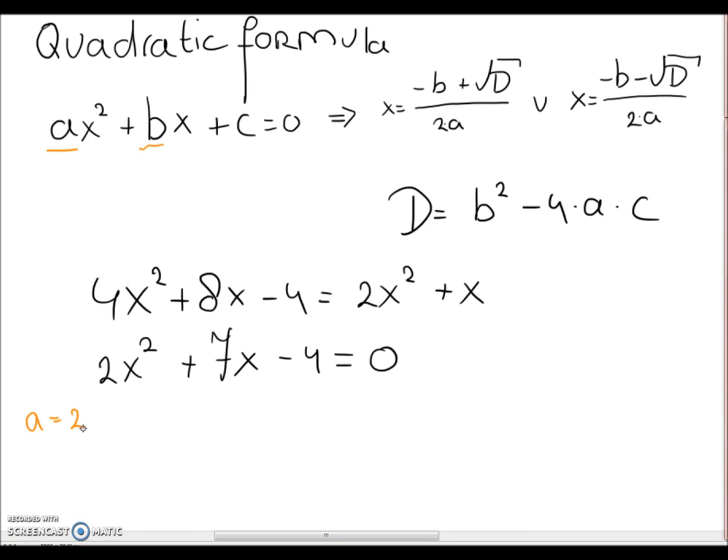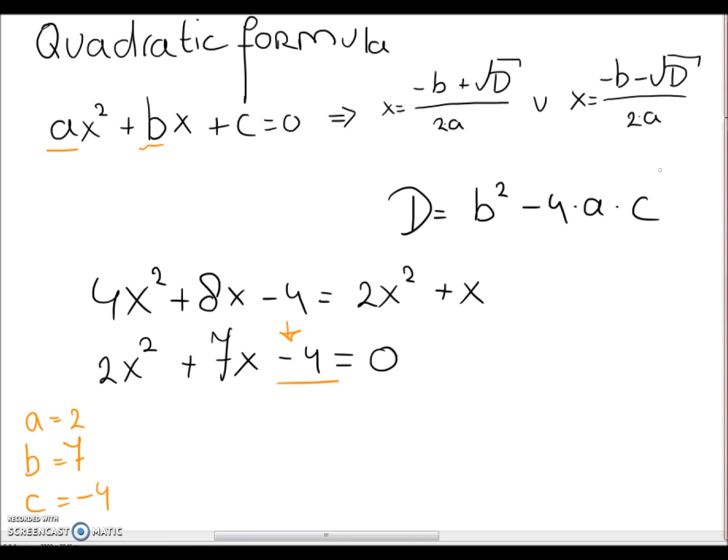B is the coefficient before the x, so in our case b is 7. C is the last one, so in our case c is a negative 4. Do not forget that minus over there. Negative 4.